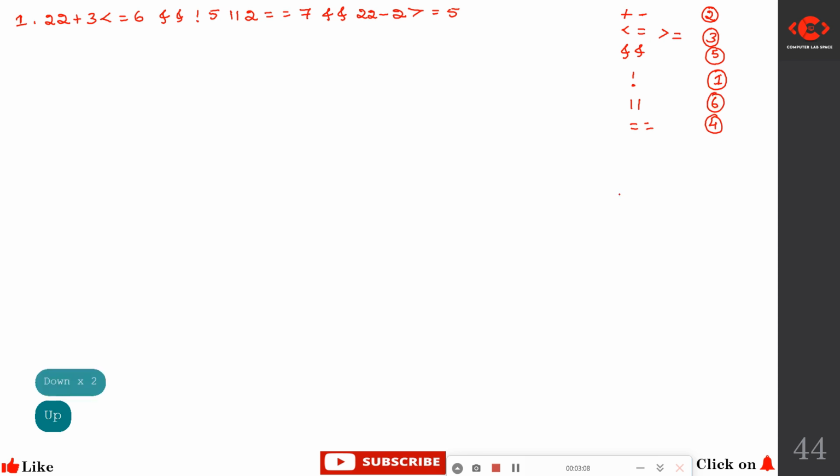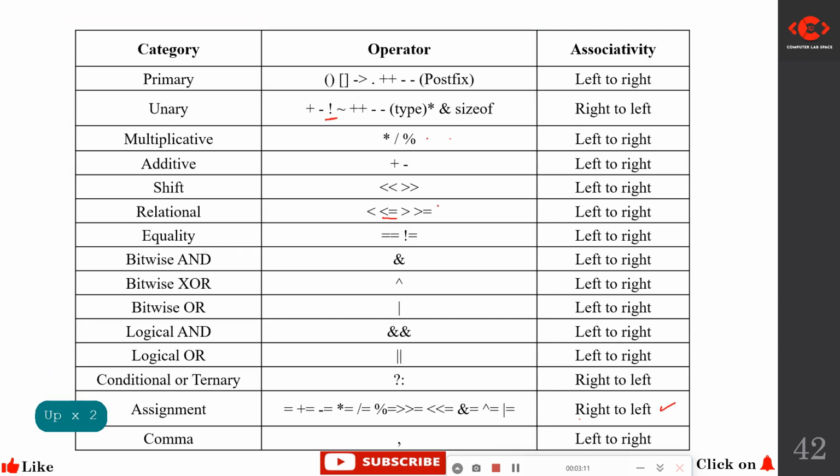If you want, you can cross check here. See, relational operators, after that equality, then logical and, logical or. So by looking at this, we get to know that except the not operator, for all the other operators we are having the same associativity, left to right, but for not we are having right to left, right?